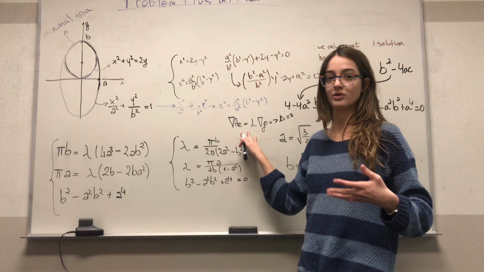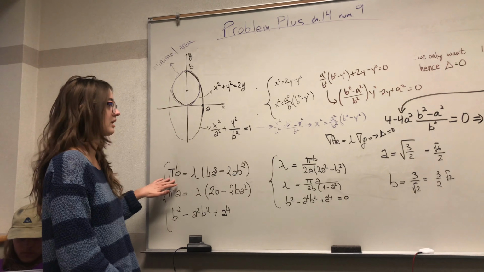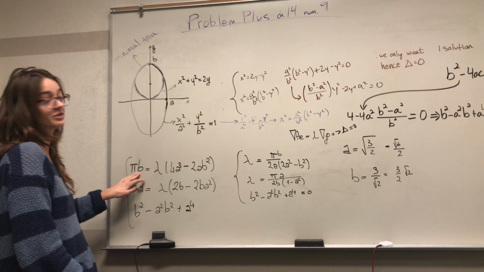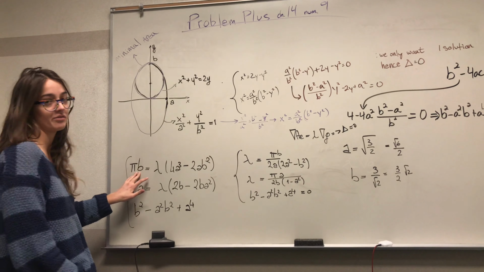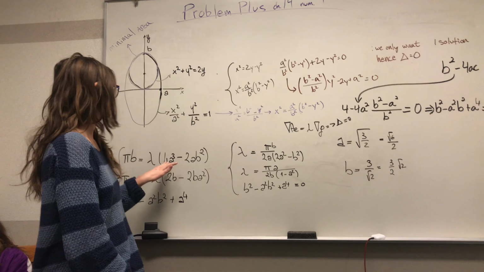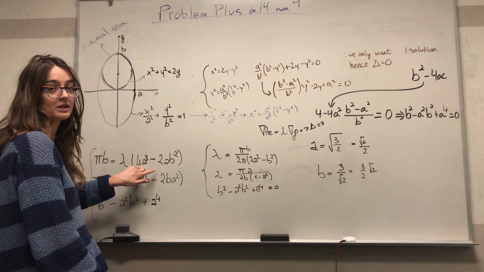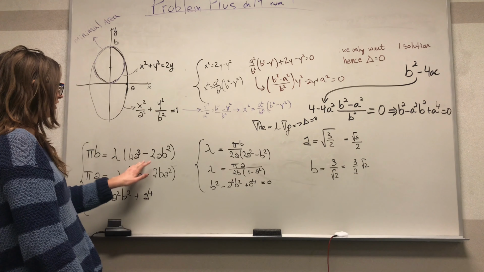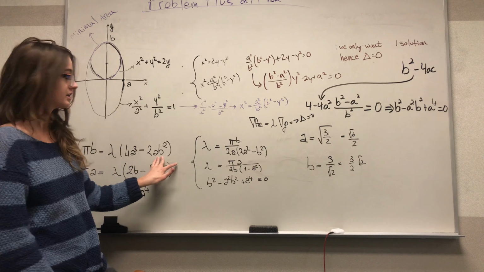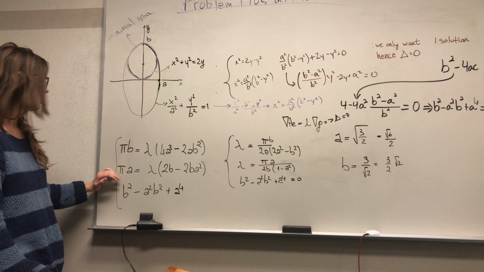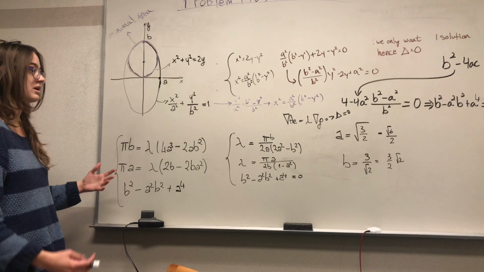Here I just estimated the partial derivative with respect to a, and I got pi b equals lambda that multiplies the derivative with respect to a of our delta equals 0, so it's going to be 4a to the third minus 2ab squared. I did the same thing with respect to b.